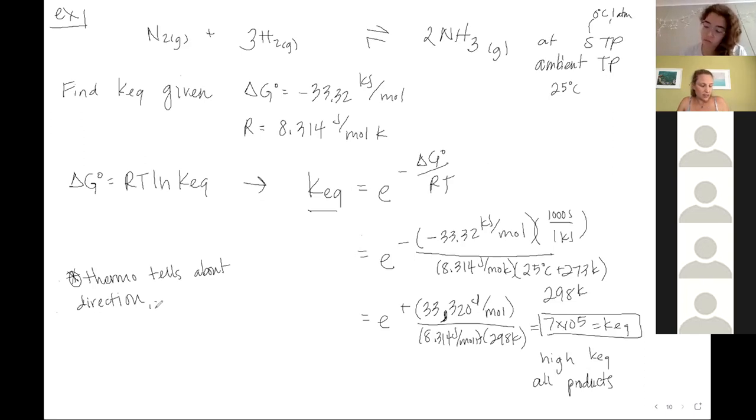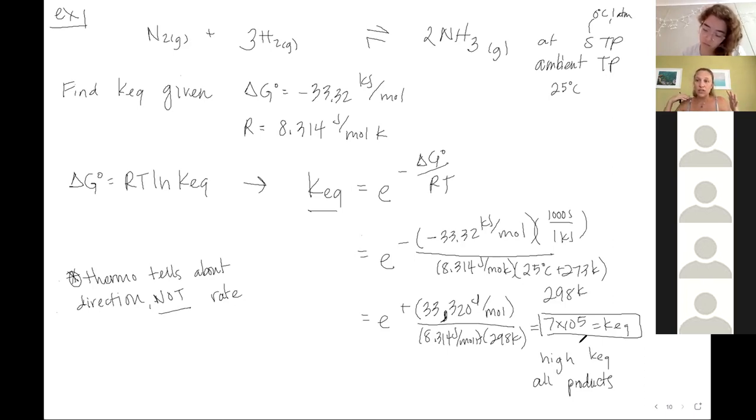It can tell us the extent of the reaction, but it doesn't tell us anything about rate. So even though this KEQ is high, and even if this is an exothermic reaction, it still might take 40 years to proceed. Just because it's spontaneous doesn't mean that it's quick. So remember, we have no information about rate.